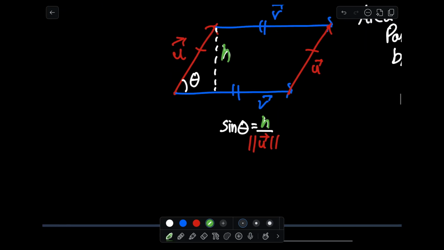Makes our lives easier. We can say that the magnitude of u sine theta equals h.